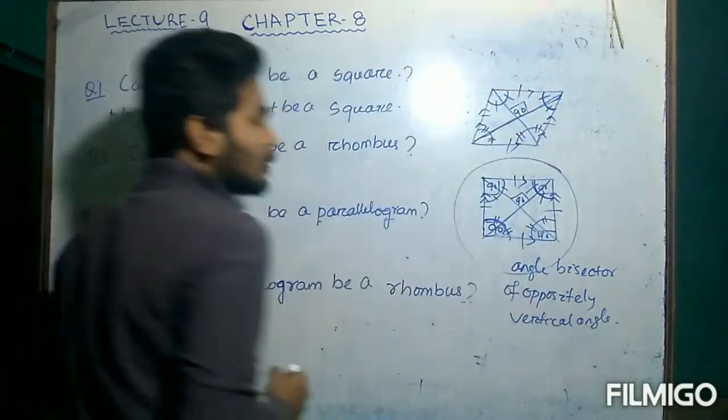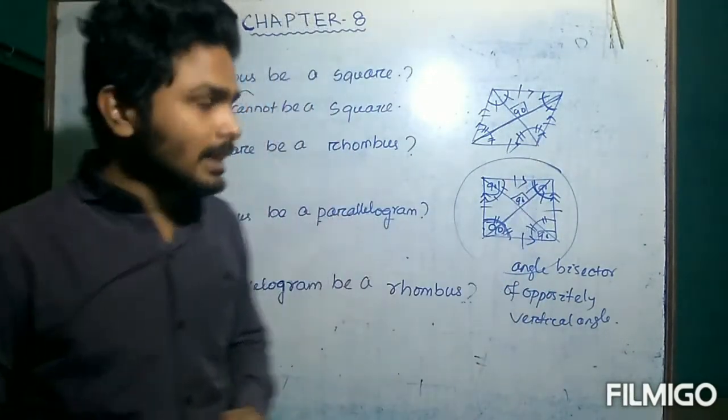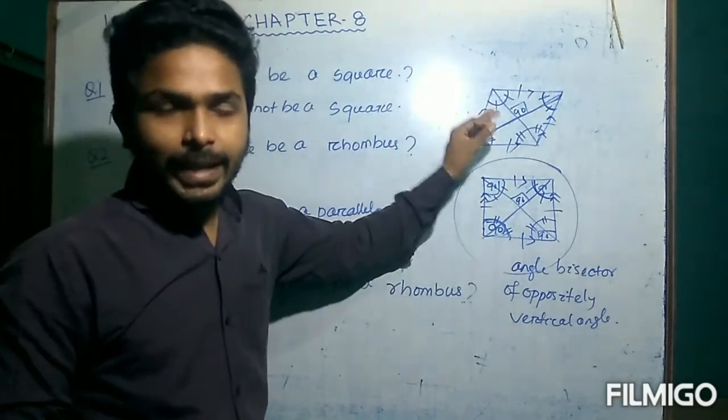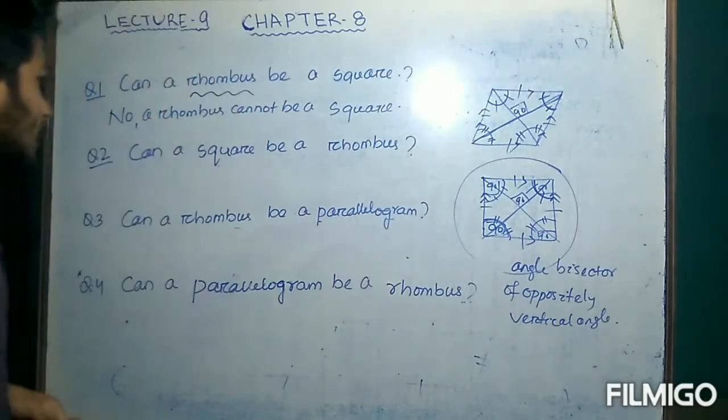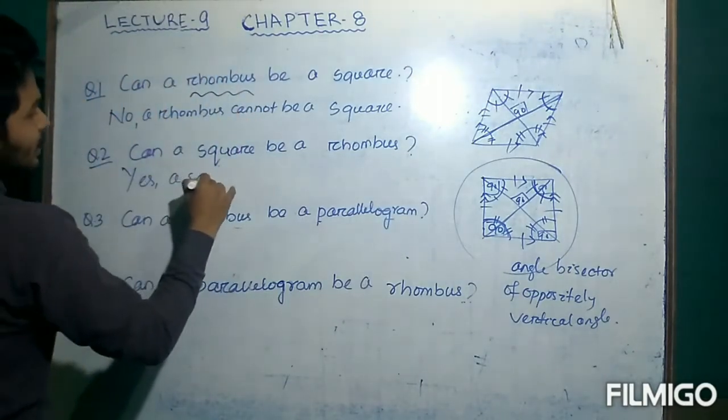So finally what we found? We found that a square satisfies every property of a rhombus. That is why we can say yes, a square can always be a rhombus.